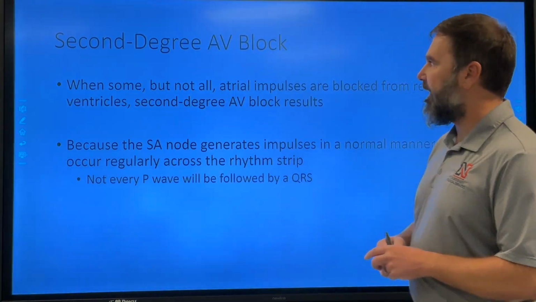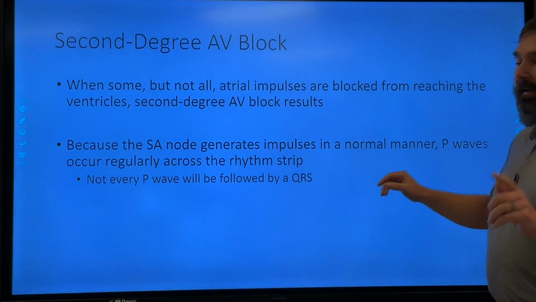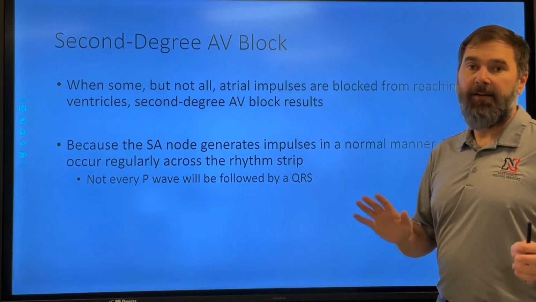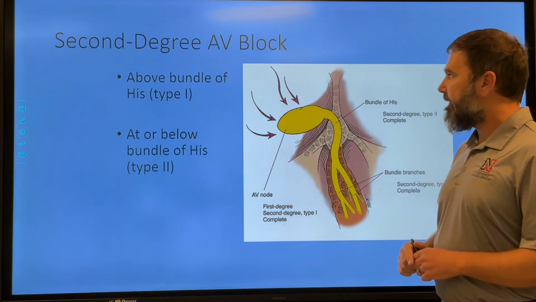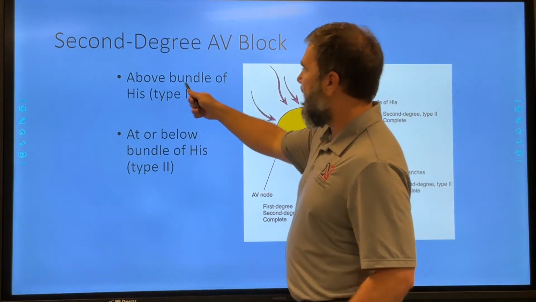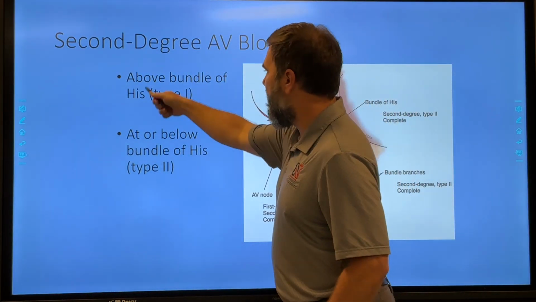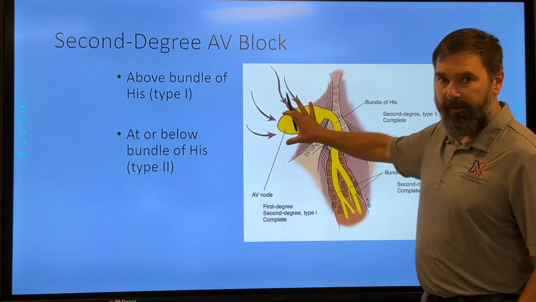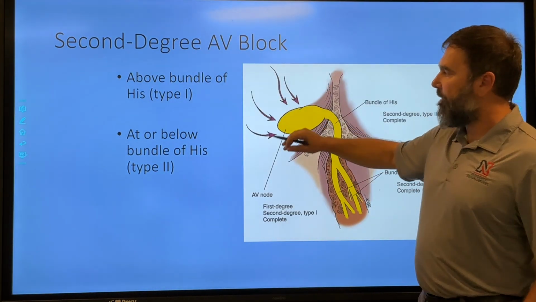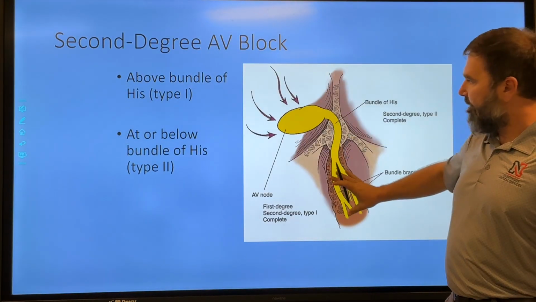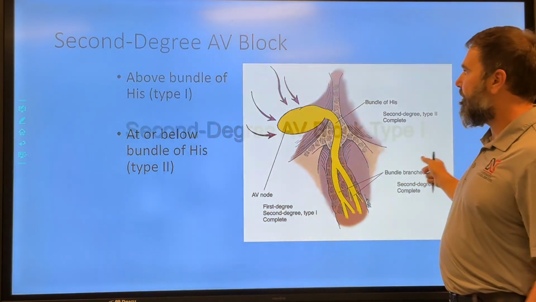So those are all characteristics of a second degree AV block type 1 or type 2, but all these are characteristics of a second degree AV block. With a second degree AV block, if the impulse is blocked above the bundle of His, so somewhere in the AV node, we're dealing with a type 1. If it's at or below the bundle of His, in this region, we're dealing with a type 2.